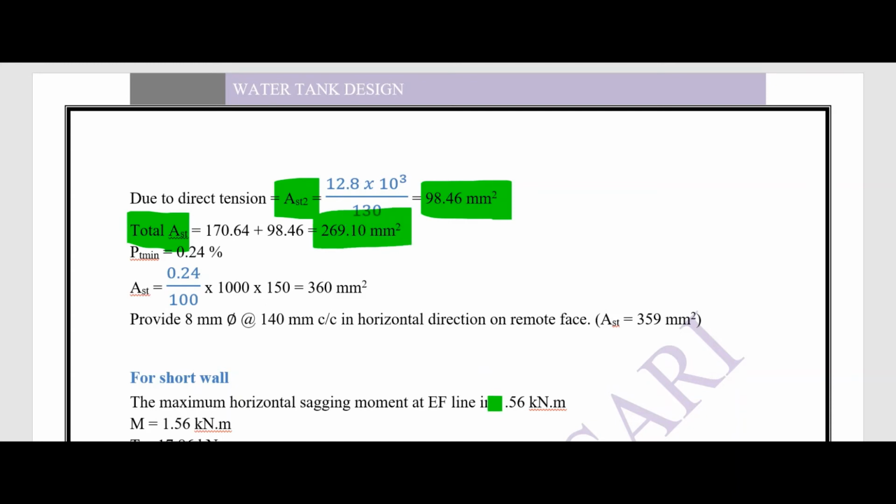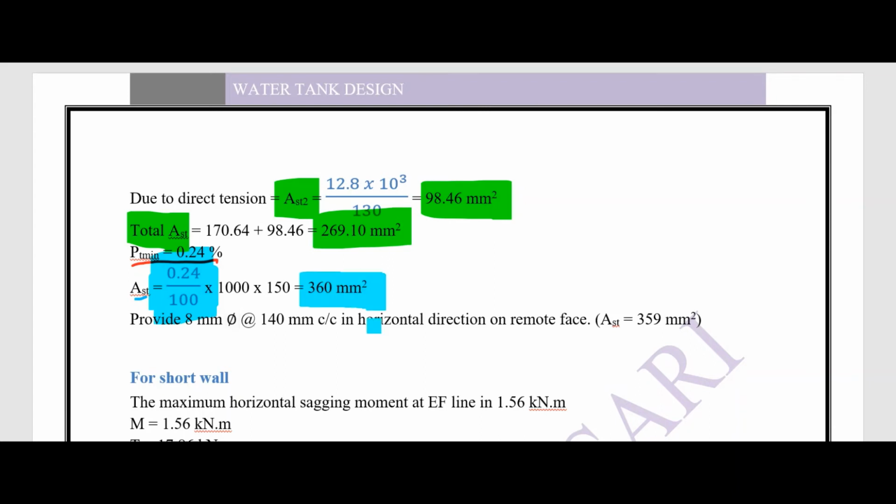269.1 mm square. But we have a PT limit, which is 0.24. So by the PT limit, AST is 0.24 divided by 100, so 360 mm square.